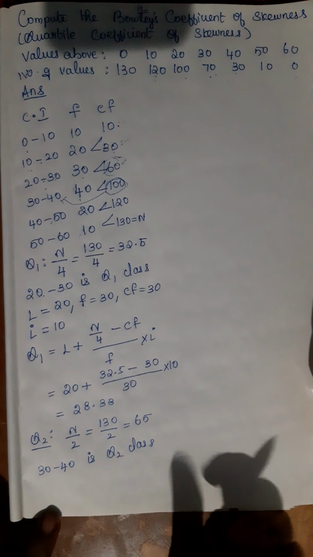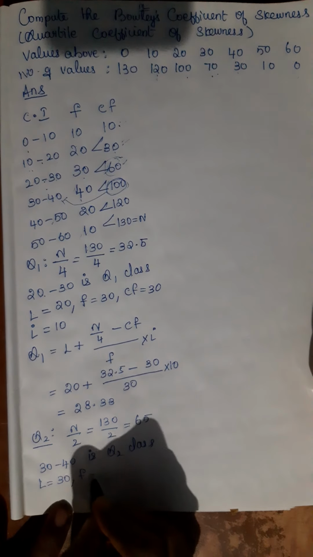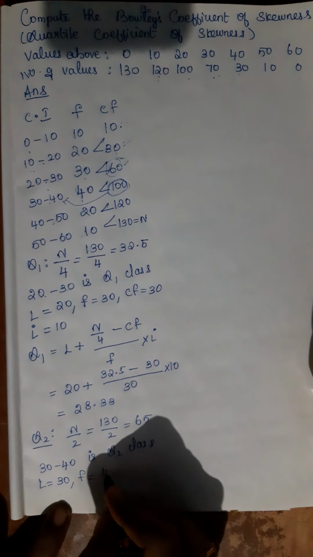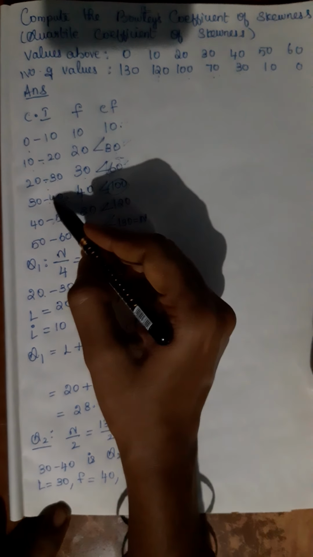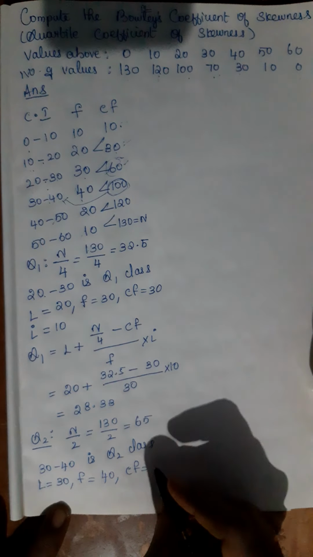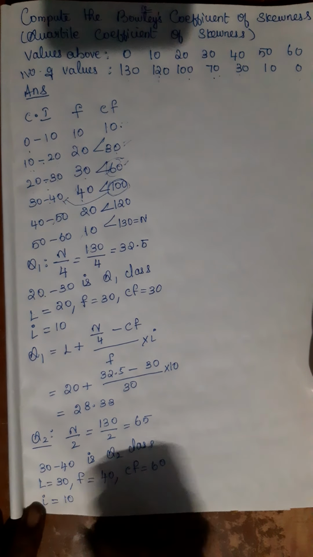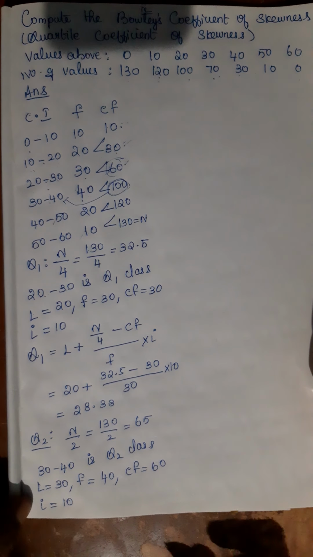The lower limit of this class is 30. The frequency of this 30 to 40 is 40. The cumulative frequency of the pre-quartile class is 60, and i is the magnitude of the class interval, 10.